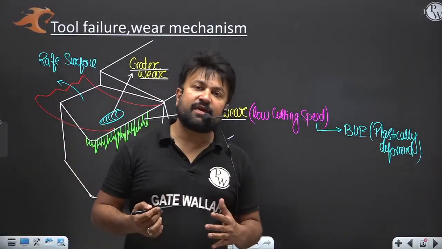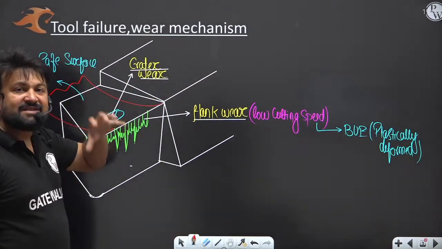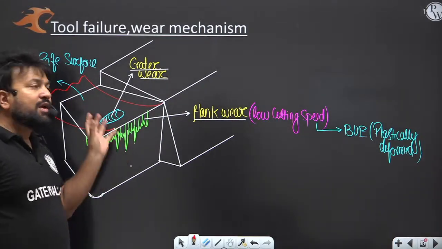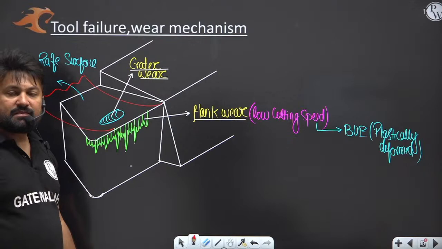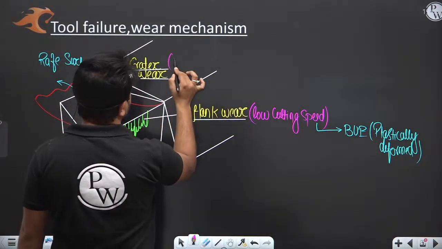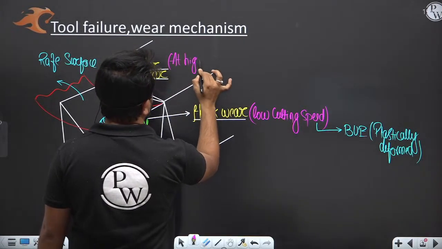After some point of time, the temperature increases and the material from the tool side diffuses into the chip. This will happen at high cutting speed.